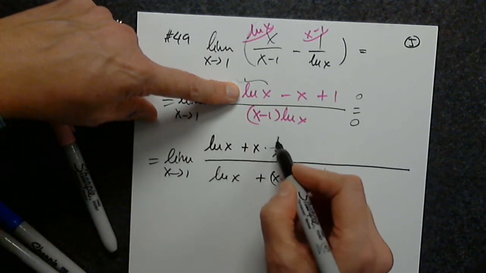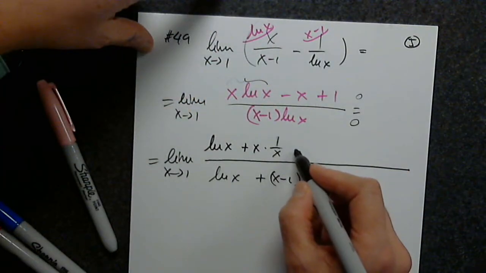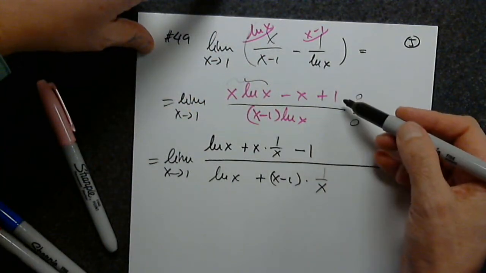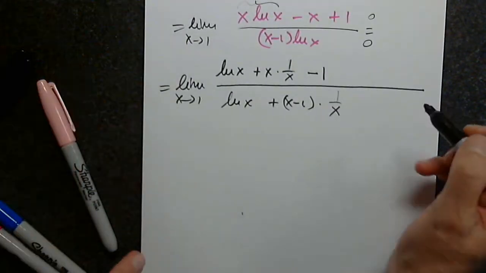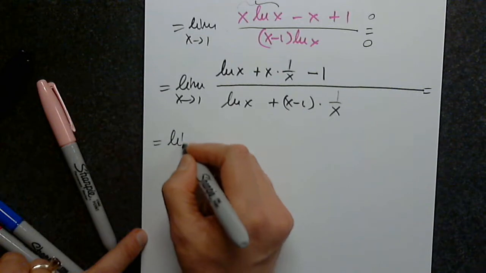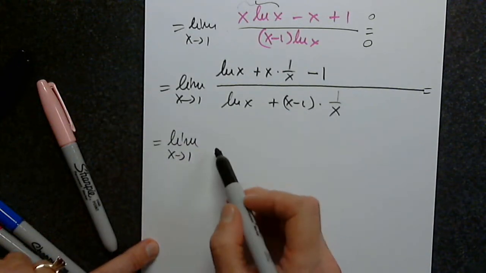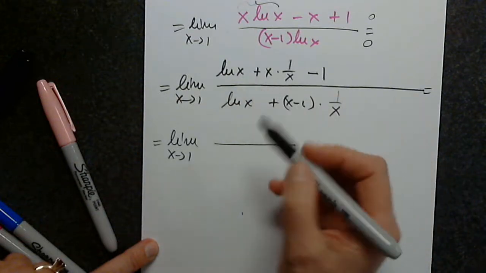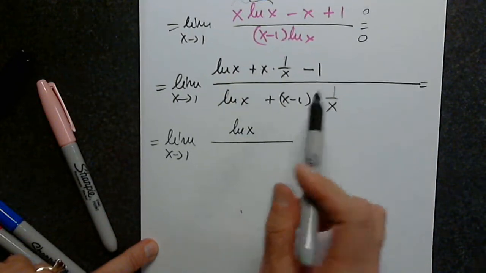Very good. And then negative x prime, and then 1 prime, 0. Very good. Okay. So this is limit as x approaches 1. I hope you agree that the numerator is natural log x, and x times 1 over x will be 1.